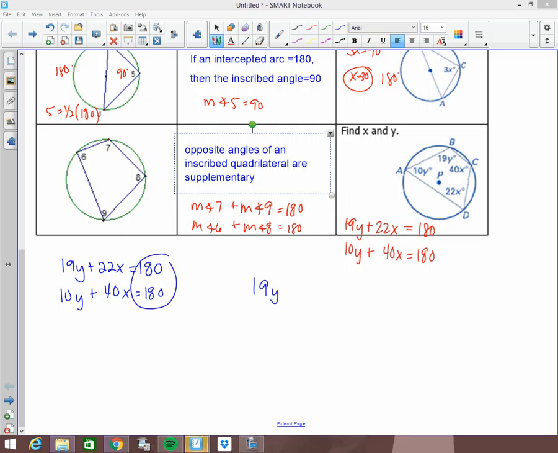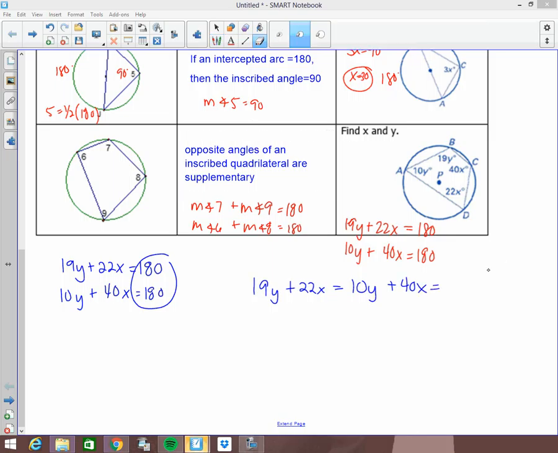So we end up with 19y plus 22x equals 10y plus 40x. And then from here, we'll just solve for one or the other.